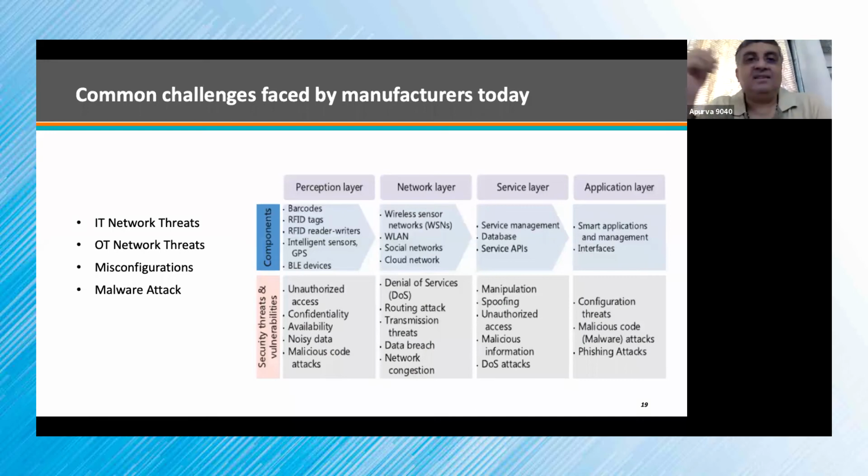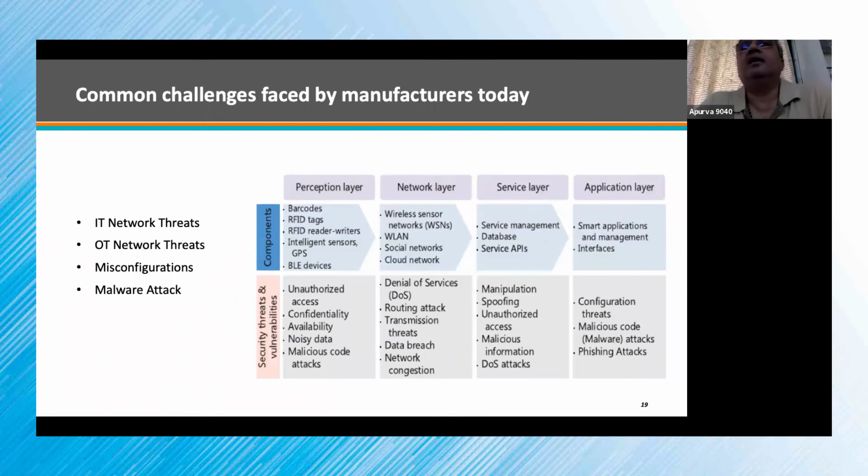So what are the common challenges generally faced? So we have looked at all these things. We have IT network threats, OT network threats, misconfiguration, malware attacks and all that. So there are different components we have. If you look at the manufacturing side, a lot of companies today have adopted RFID or barcodes or intelligent sensors, because if you look at a solar plant or in general, it runs into kilometers and kilometers.